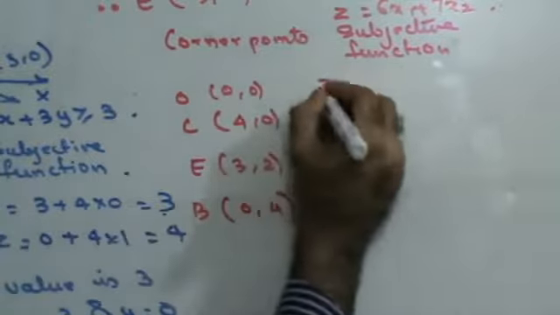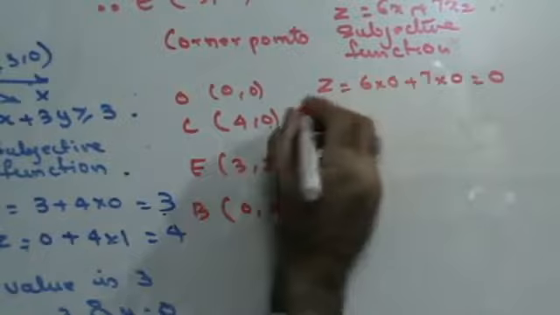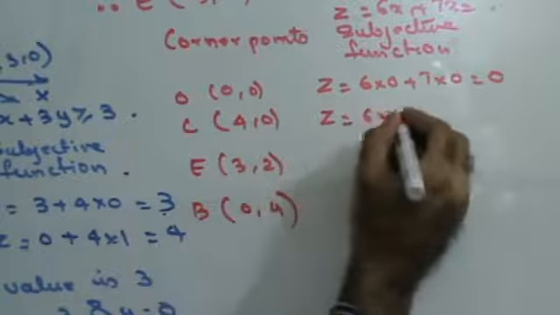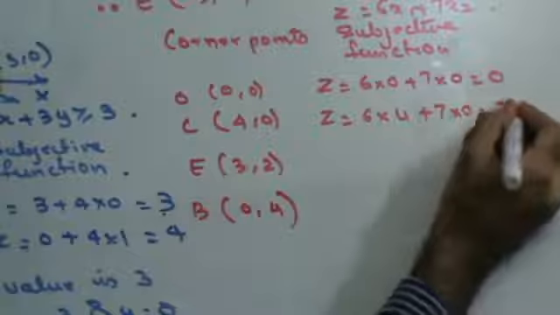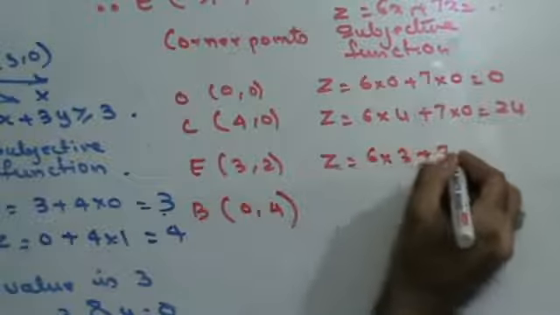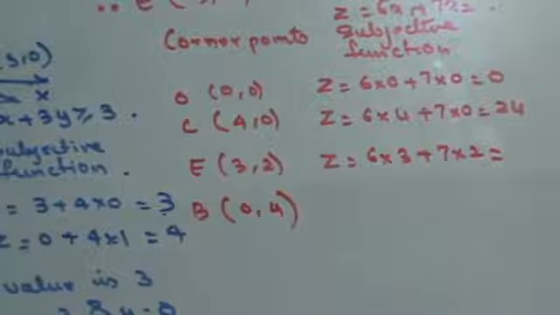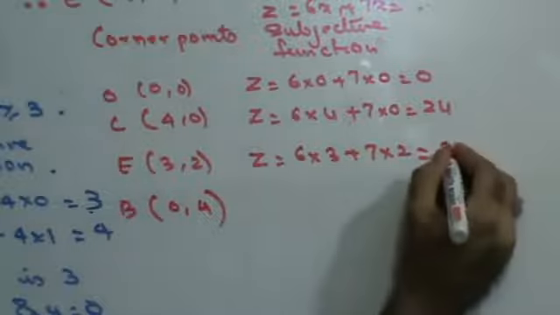So if I substitute, I'll get this as 6 into 0 plus 7 into 0, which is 0. 6 into 4 plus 7 into 0, that is 24. This is going to be 6 into 3 plus 7 into 2. 6 3s are 18 and plus 7 into 2, 14. So 18 plus 14, that is 32.